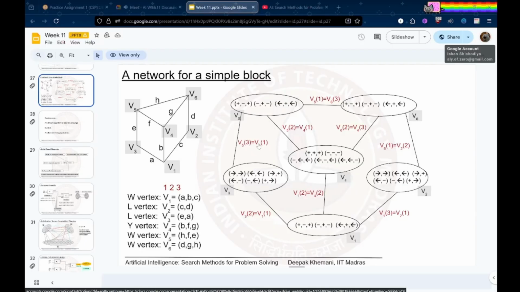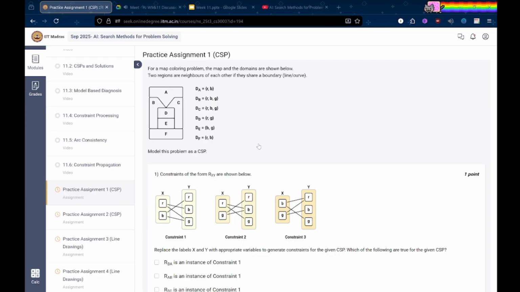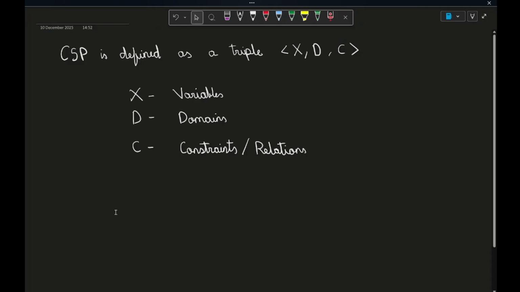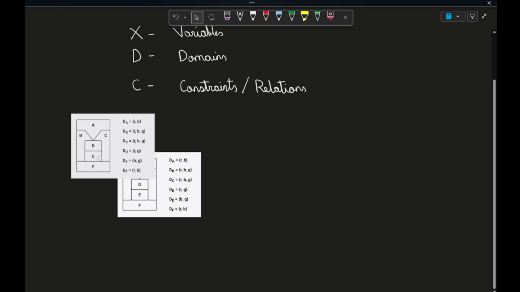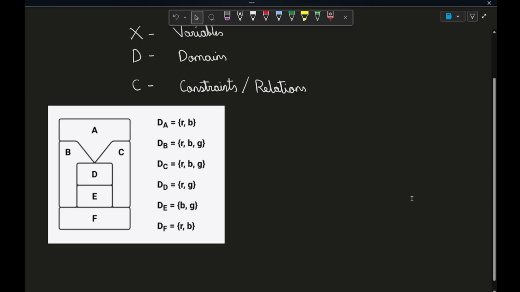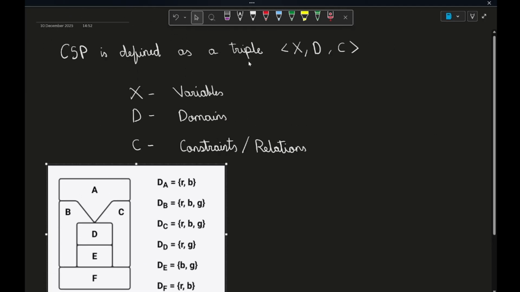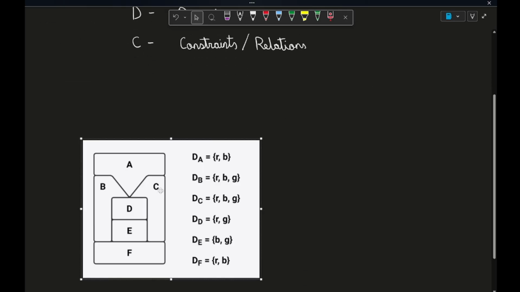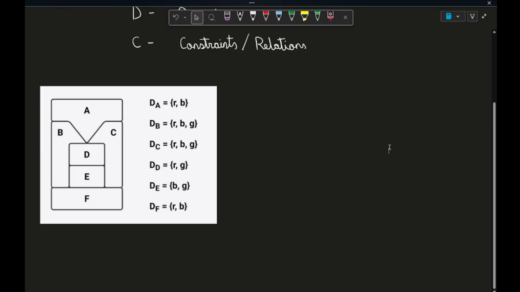So here we are being asked to model this problem as a CSP, and we are given the domains here. Let me just copy this. Before even starting the assignment, maybe it will be a good idea to go over how we can write it as a triple here, for understanding's sake.